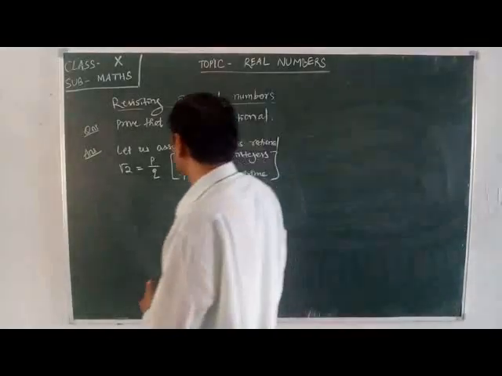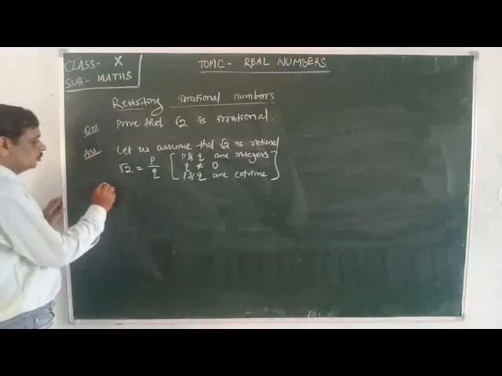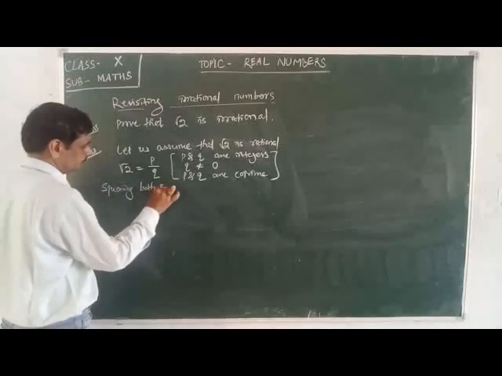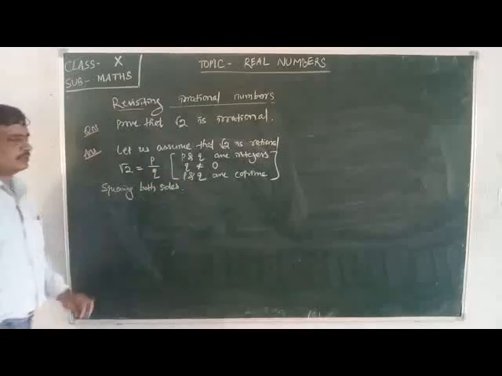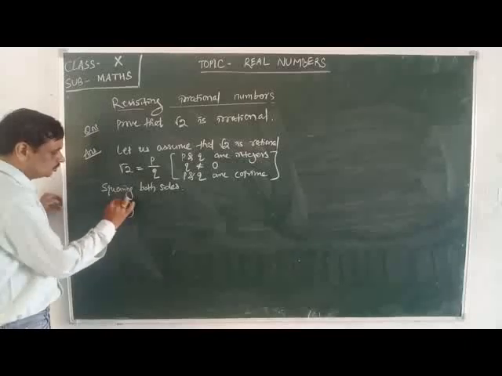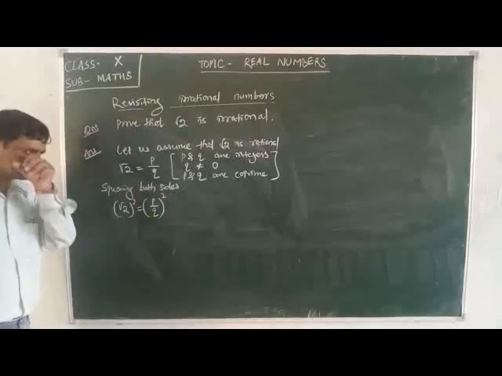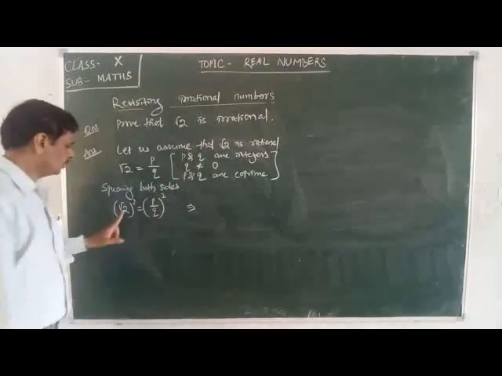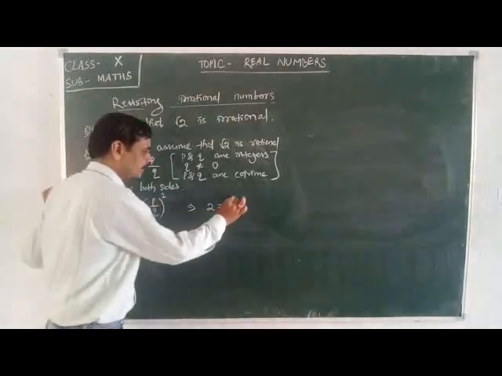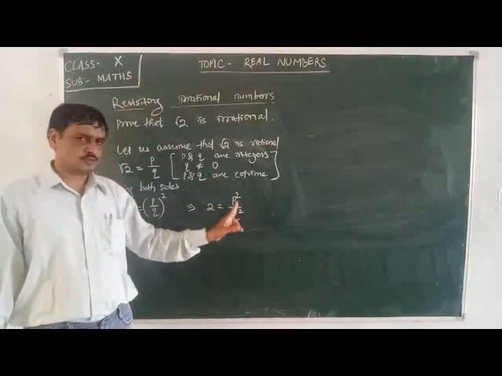Here, root 2 is expressed in the form of p by q. Squaring both sides, we get root 2 square is p by q whole square. This implies 2 is equal to p square by q square.